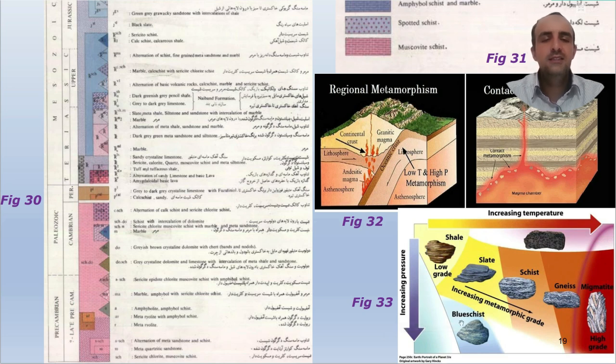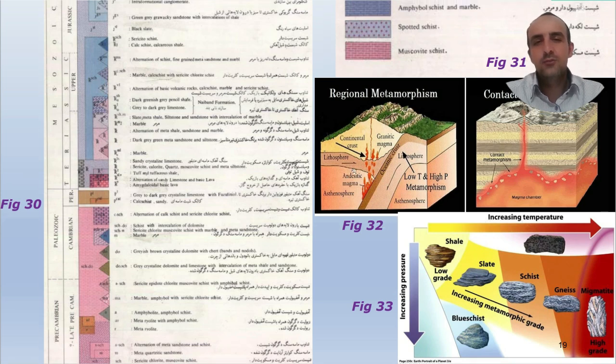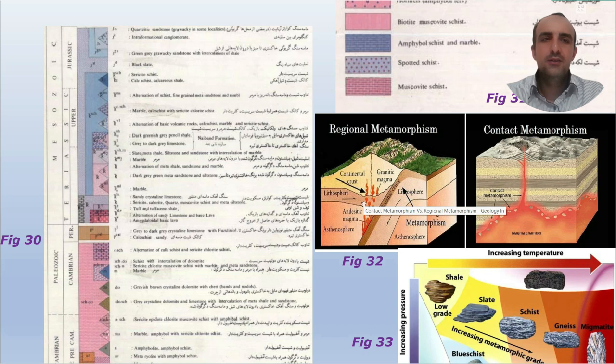And these parts are mostly related to regional metamorphism, where we have very high pressure and in some cases low temperature. So now you understood that we have two types of metamorphism, and that these two types of metamorphism have different thermodynamical situations for creation.